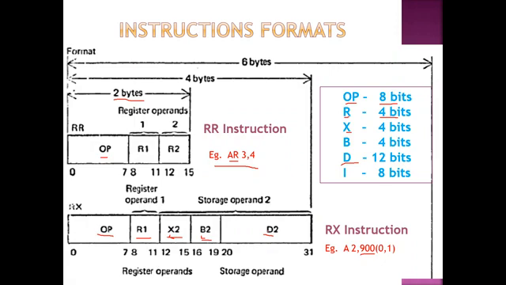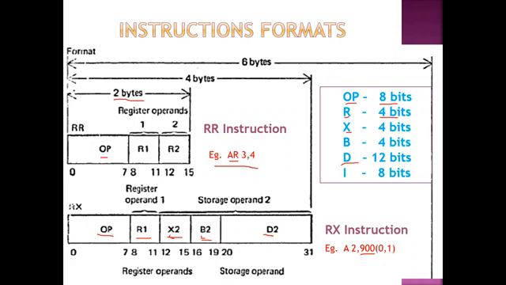So it is always using 12 bits. See the format: 0 to 7, 8 bits for the opcode; 8 to 11, 4 bits for register 1; 12 to 15, 4 bits for your index register; 16 to 19, 4 bits for your base register; 20 to 31, 12 bits for your displacement.